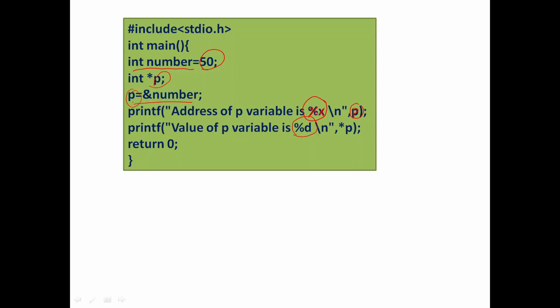So we are using the control string %x. Here we are using the dereferencing operator. We know that this pointer is pointing to an integer variable, so whenever we are dereferencing, it will return that integer value. So we are using the control string %d.